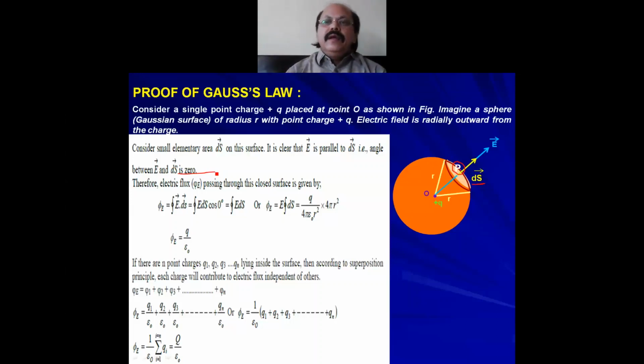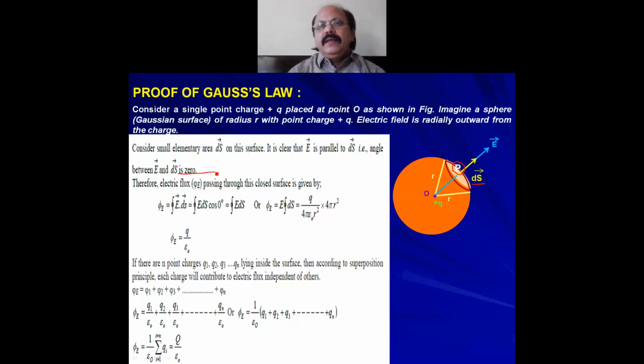Now, in the definition of Gauss's law, what we are saying is that the total electric flux over a closed surface is equal to 1 upon epsilon naught times the total charge contained by the closed surface.